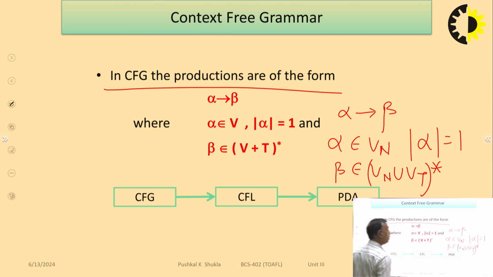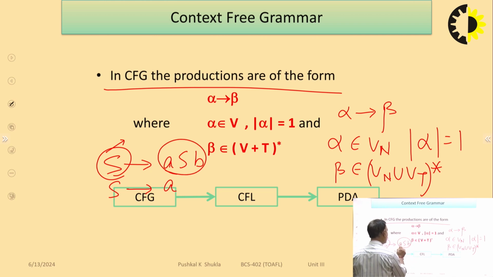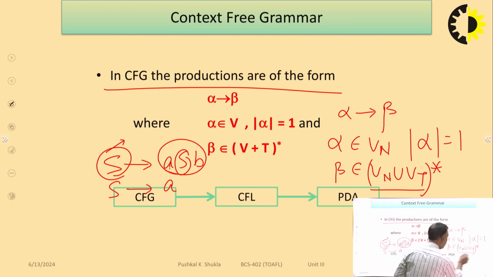For example, S equal to aSb, and S equal to a. Here alpha is from the set of non-terminals. Capital letters generally represent non-terminals and small letters are used for terminals. So beta is a composition of terminals and non-terminals, (Vn union Vt) star.